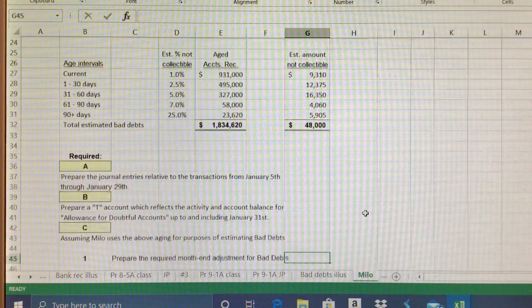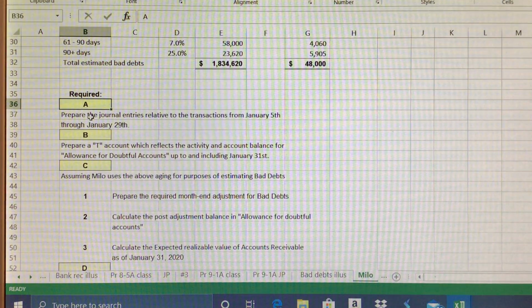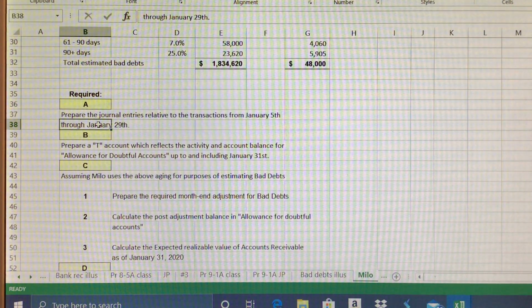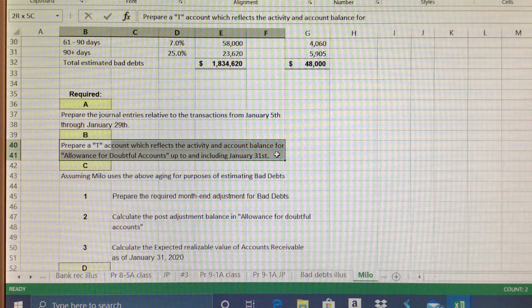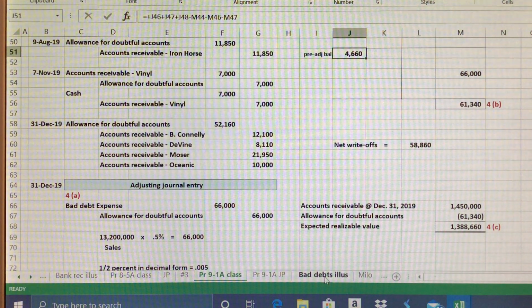So in letter A, what are you doing? In letter A, you are doing the write-offs and reinstatements during the month. In letter B, you're just figuring out what's the balance in my account prior to any adjustment. The number in this problem was $46.60 debit. That's not going to happen in the Milo-Tindolini, but it's going to be a credit balance.